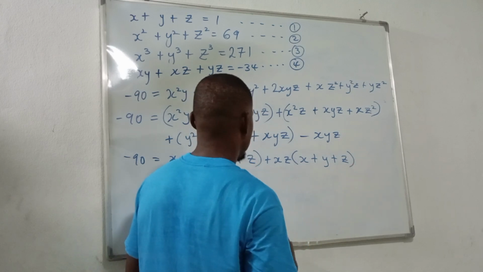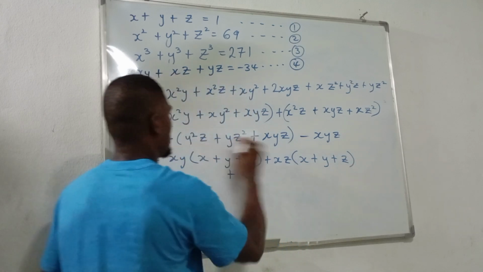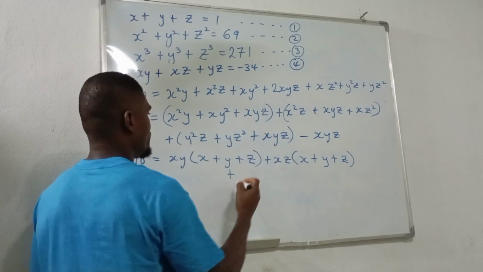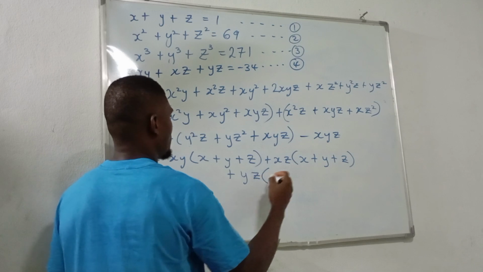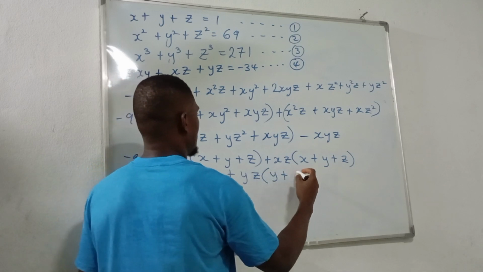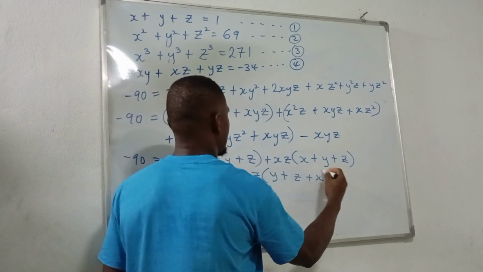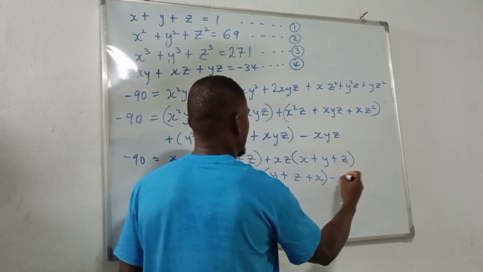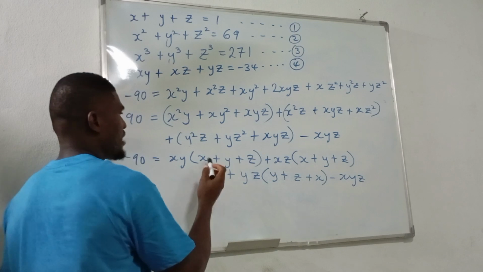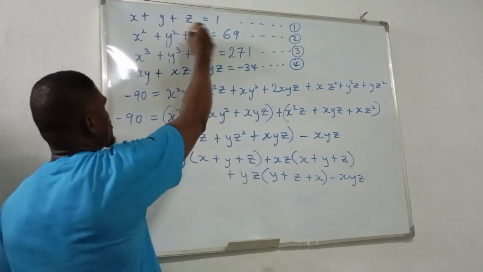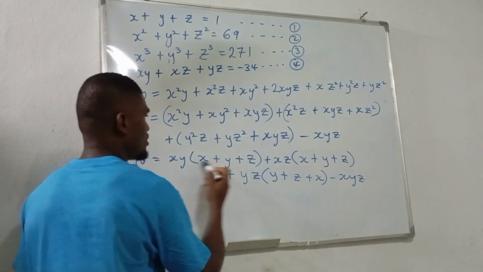Alright, and then at the last point, at this point here, we're going to factor out y and z, so that when we do that, we're left with y plus z plus x. Alright, then we'll put down the minus xyz. Now we know that x plus y plus z, which is our equation 1, is equal to 1. So this is equal to 1.